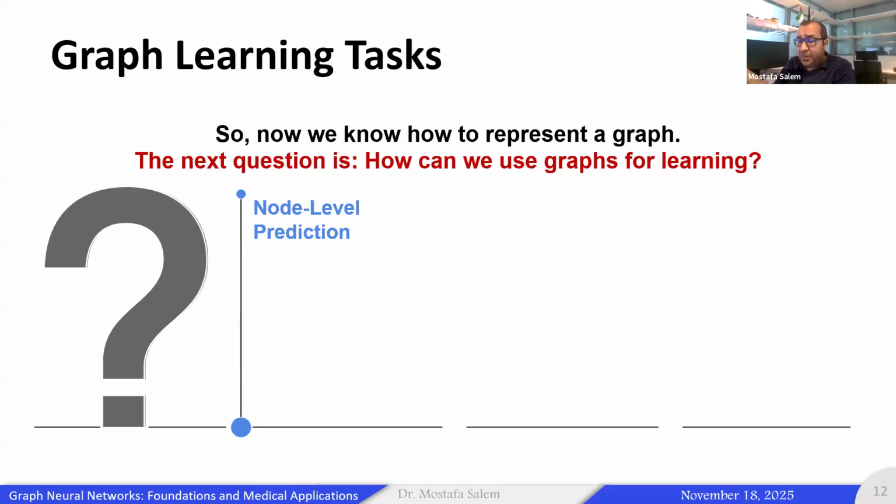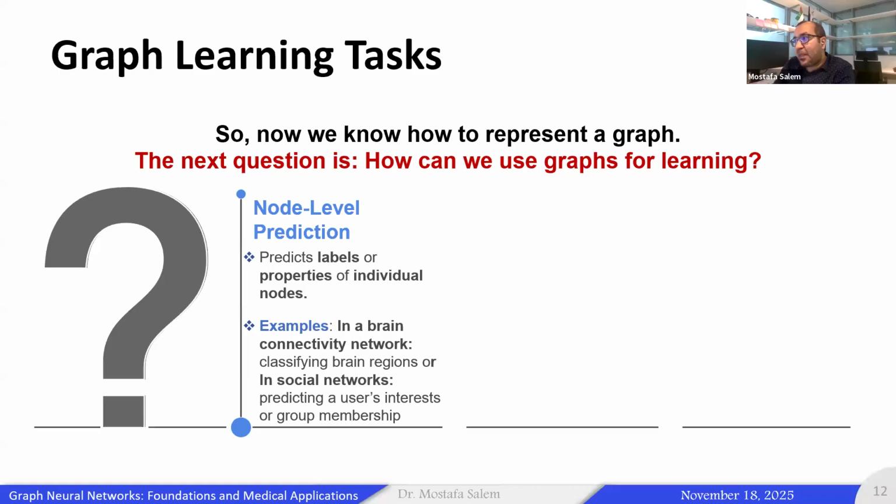The graph consists of nodes, and the nodes are connected by edges. I have information related to each node, each edge, and the entire graph. In node level prediction, I will predict a label or a property of individual nodes in the graph.